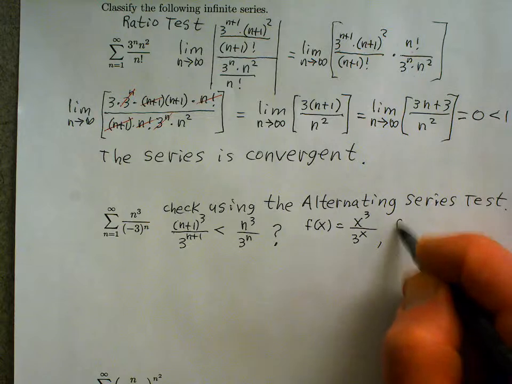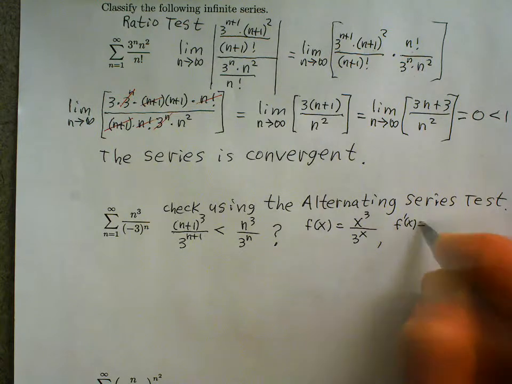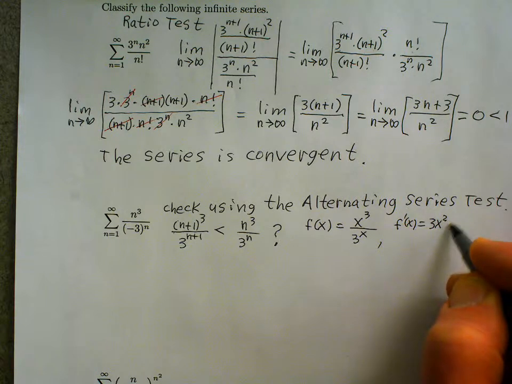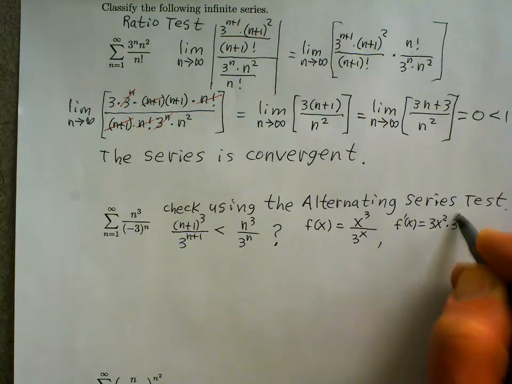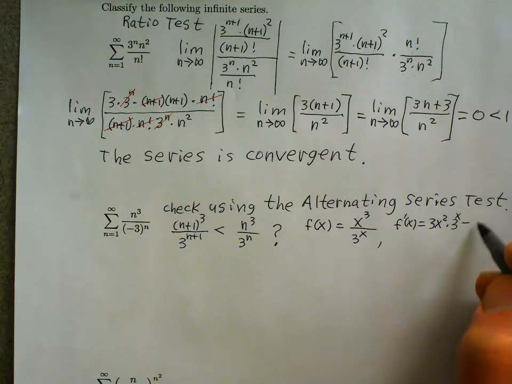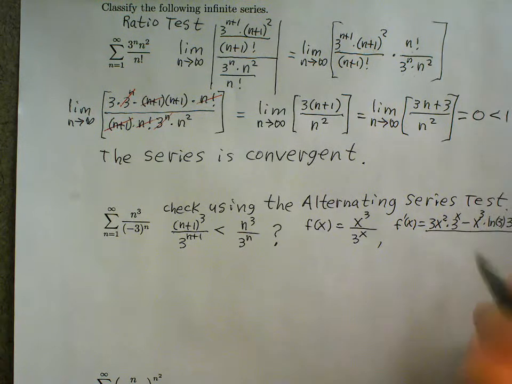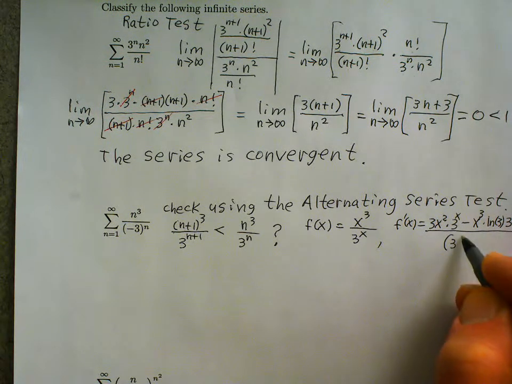The first derivative, using the quotient rule: 3x squared times 3 to the x minus x to the third times the natural log of 3 times 3 to the x, over the square of 3 to the x.